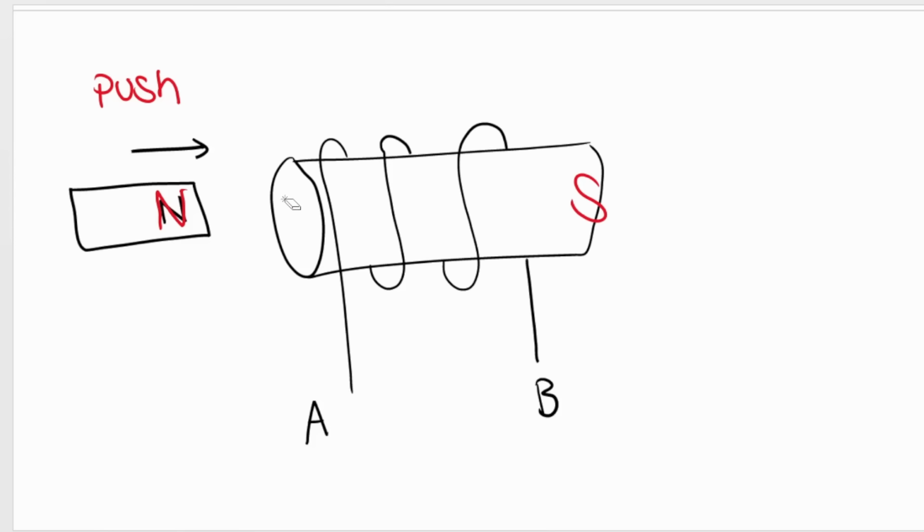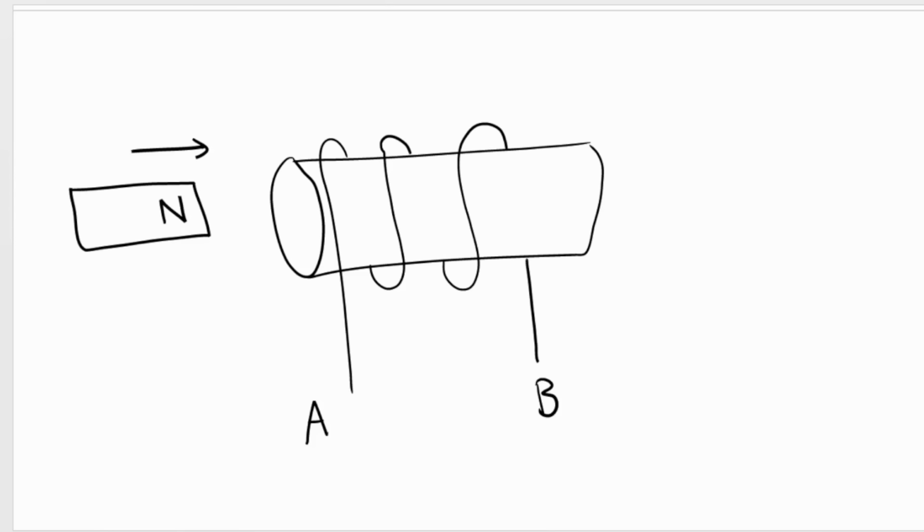So first figure that out. And then once you figure that out, tell me which way the current is flowing. Is it going from A to B, or is it going from B up here to A? There's a difference. I'm going to pause the video and see if you can figure it out. Once you've figured it out, you can do it with me.